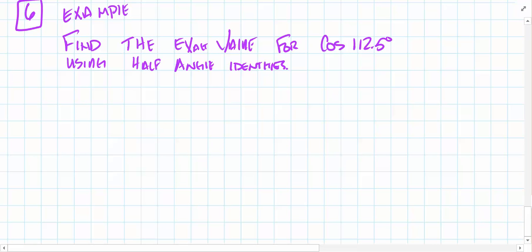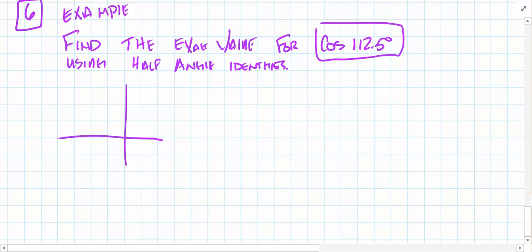All right, so directions are, find the exact value for the cosine of 112.5 degrees using the half angle identities. Okay? So let's conceptualize what we're trying to do. Where is 112.5 degrees? What quadrant is that in? It's in quadrant number 2, right?